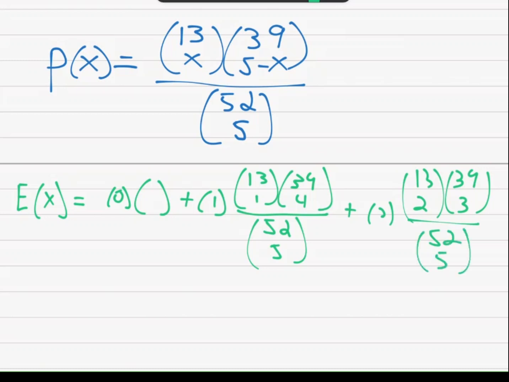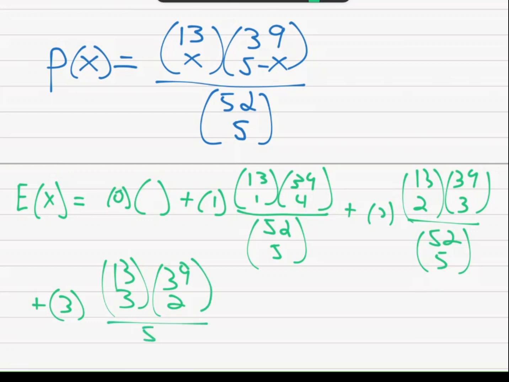And I hope you can see how this is going. So I'm going to have plus 3 times 13 choose 3 times 39 choose 2 over this same denominator.